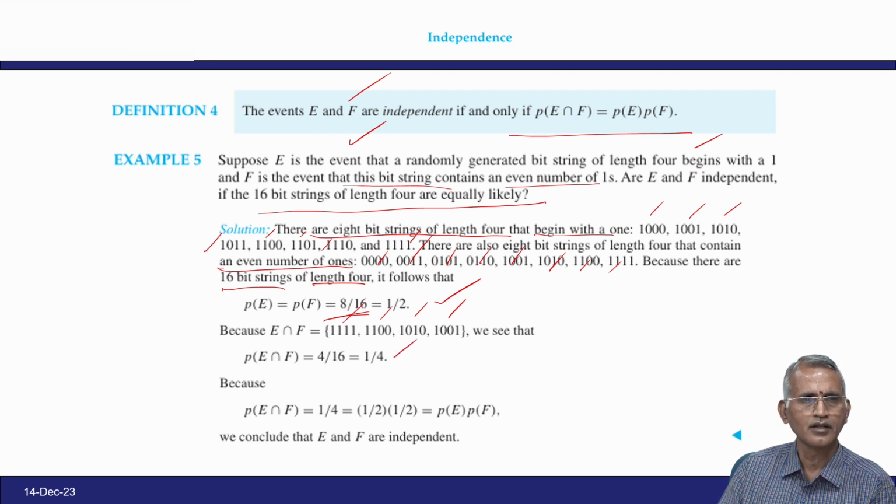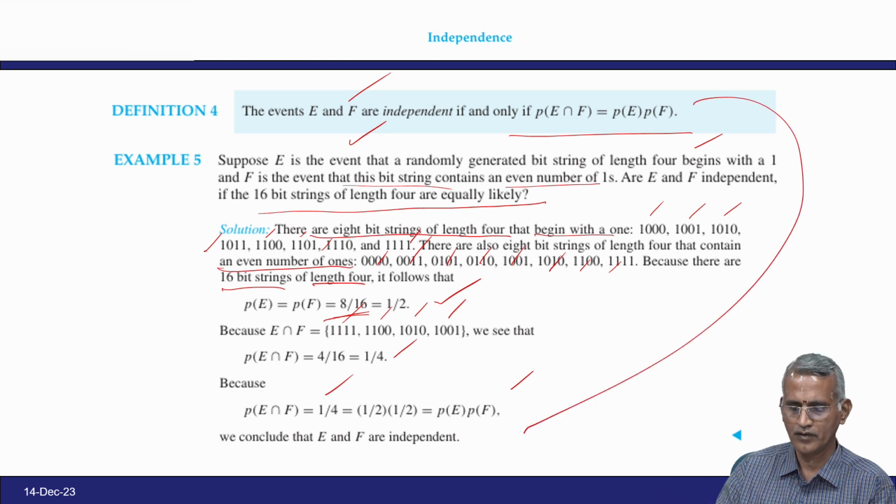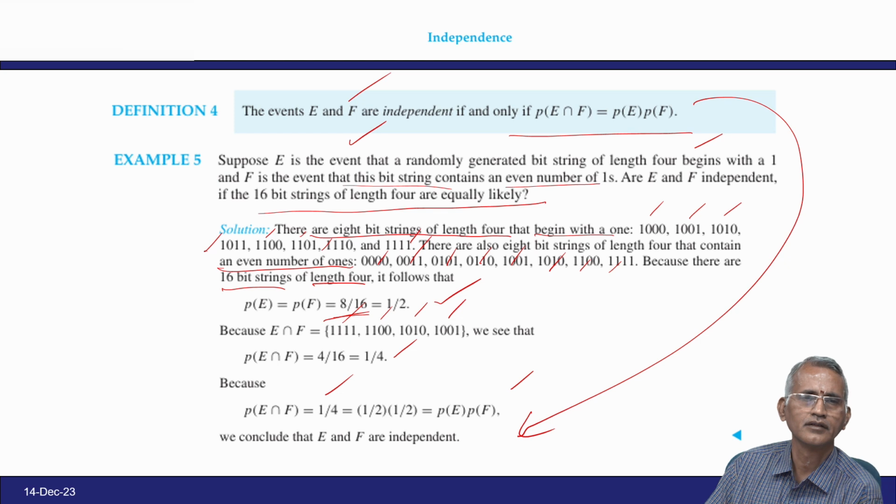Because probability of E intersection F equals 1 by 4, which is equal to 1 by 2 times 1 by 2, equal to probability of E times probability of F. Therefore, probability of E intersection F is equal to probability of E times probability of F. It means the two events E and F are independent.